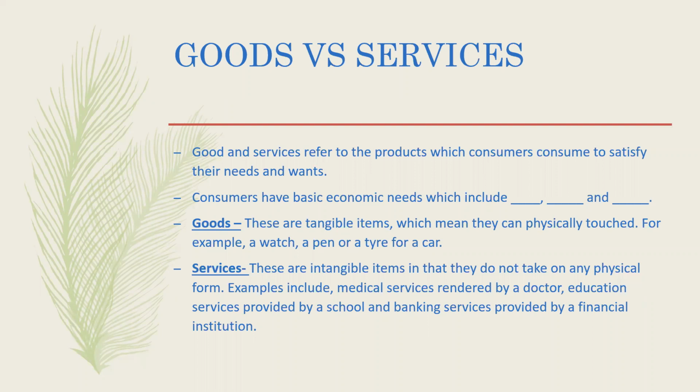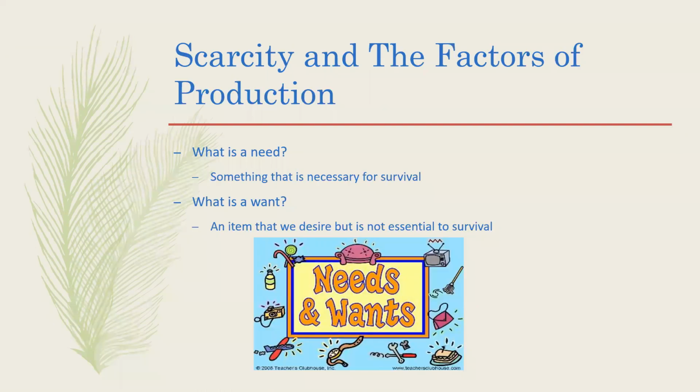All right. So we speak of goods, we speak of services. Now we want to look at needs and wants, because when we're talking about needs and wants, we want everything, we need everything, but we have that economic problem. Again, popping up here on the fifth slide: scarcity.